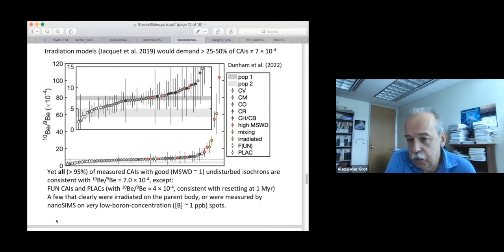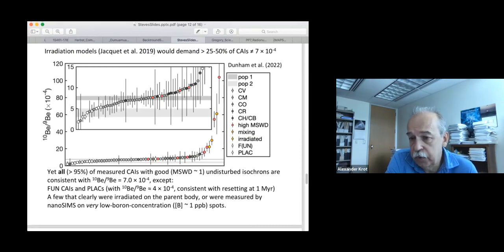In fact, resetting is not such a simple process. You can reset if you melt the inclusion and then crystallize different minerals from this melt. In this case, the aluminum-magnesium systematics and beryllium-boron will be reset. But notice that FUN inclusions show these large mass-dependent fractionation effects.